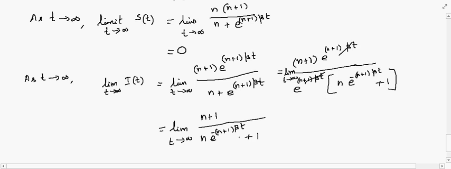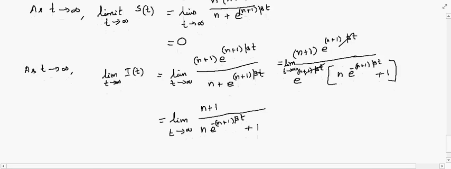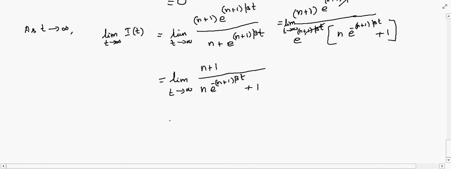Okay, this e power, if you take n is infinity, t is infinity, e power minus infinity is 0, so this term will become 0. So remaining we will have only 1 there and in the numerator we are having n+1.